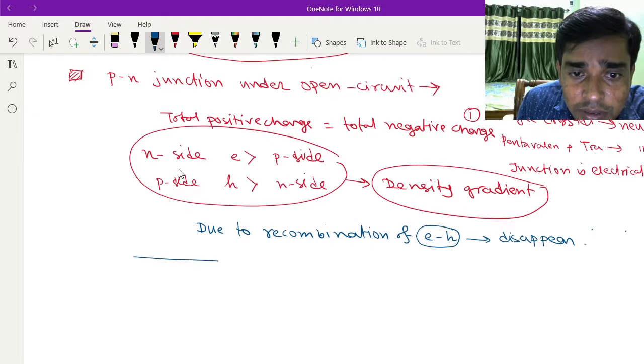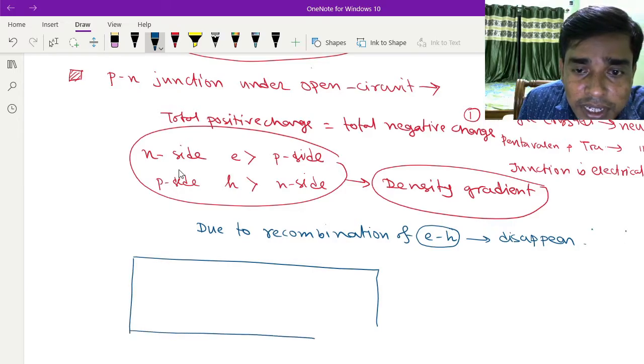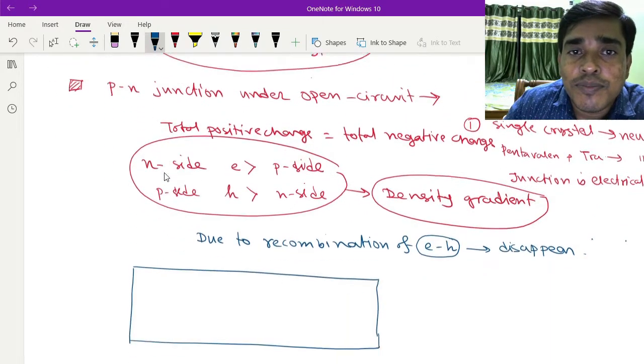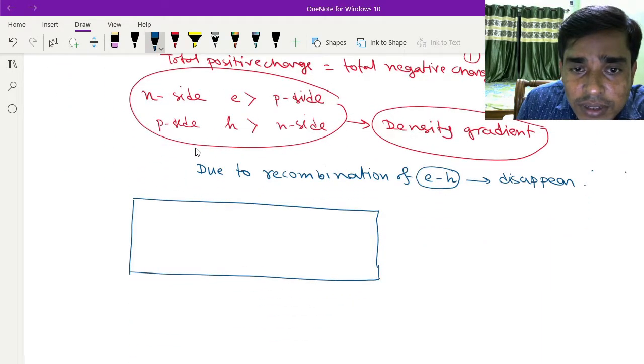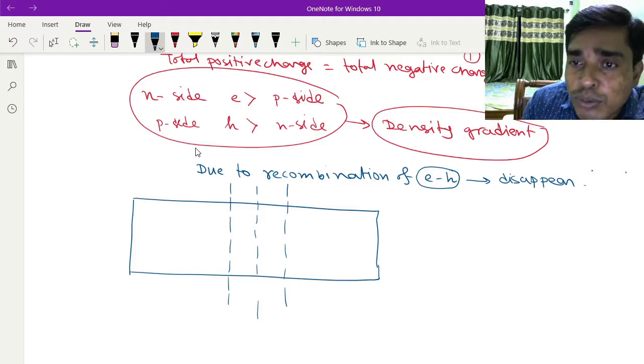To understand this topic, you have to understand the picture. Okay, this is the picture. Suppose this is a junction. Across this junction, there is a recombination process.